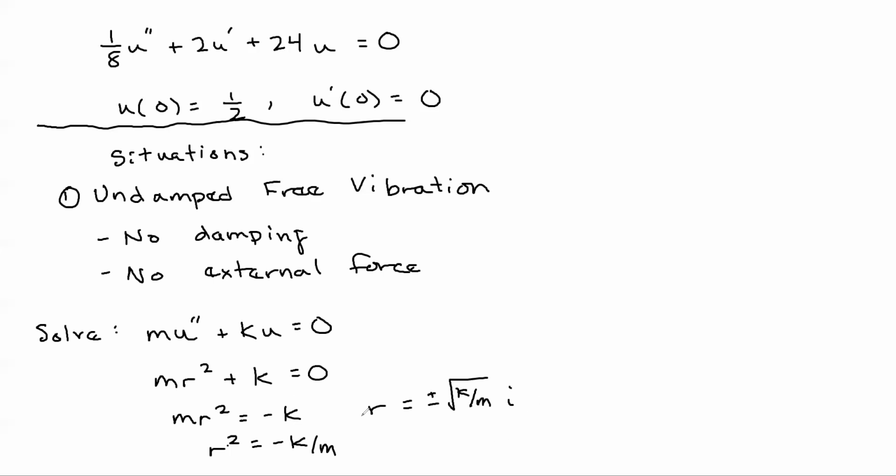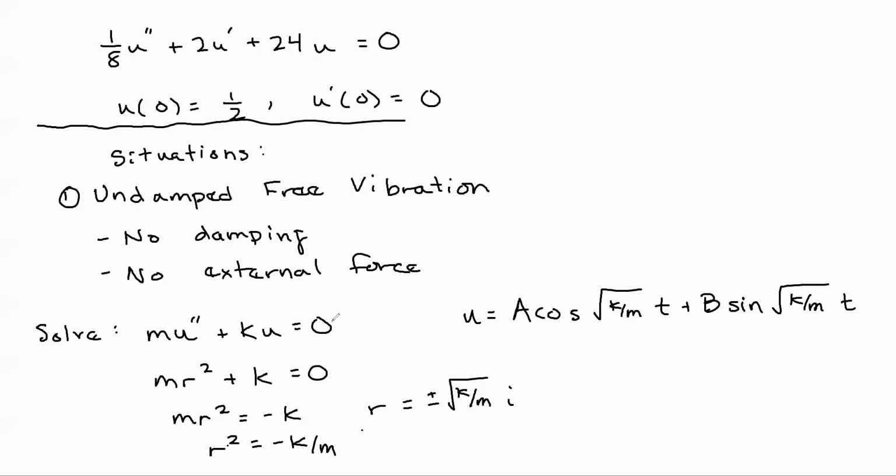Okay, so in solving the problem, we ended up with an imaginary solution, and we want to use the appropriate situation for that. If we take our result and plug it in, we're going to get a cosine of square root k over m t plus b sine of square root k over m t.